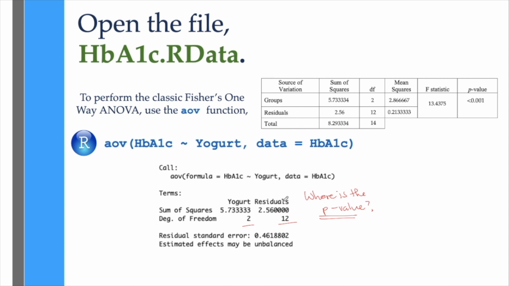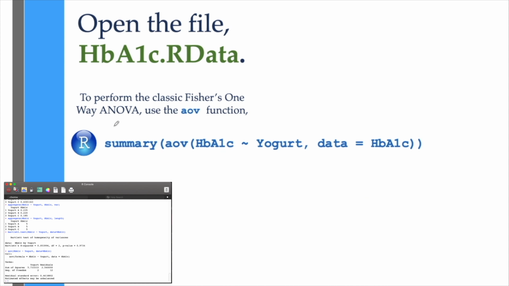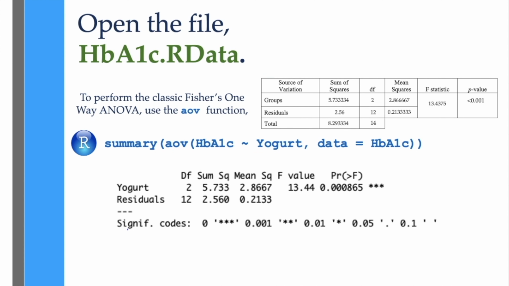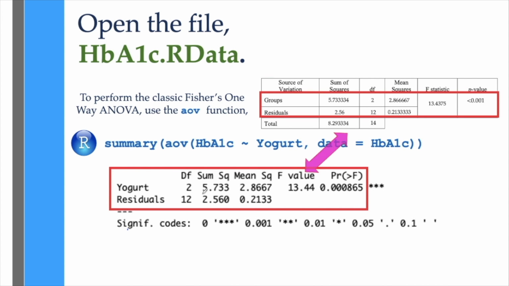So what we may do is to modify the R function. Instead of just using aov, we have to use summary and then the same function aov. Then put everything in parentheses. So it will give you the same result as the one that we computed a while ago. So notice here that the sum of squares of the group of yogurts is the same, 5.73.